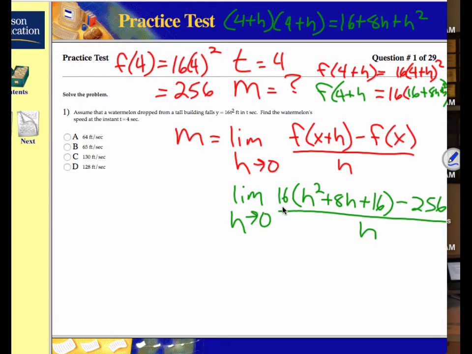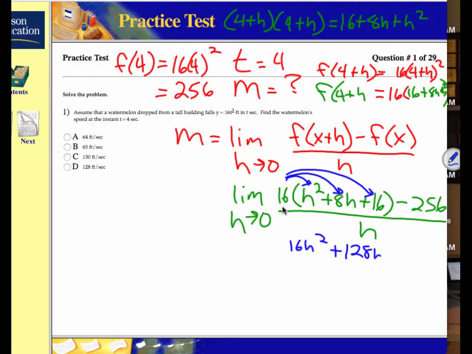All right, so as I plug this through, I'm going to just distribute the 16 through each term in the parentheses. I get 16h squared plus 16 times 8. What is that? 128. Oh, 128. Why did I say 6? I'm so silly.